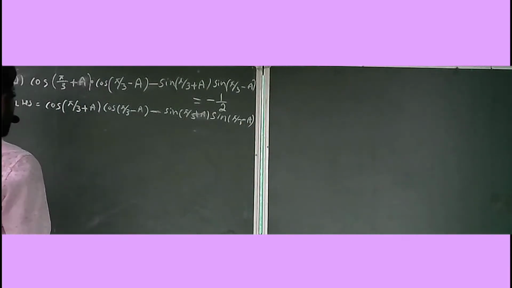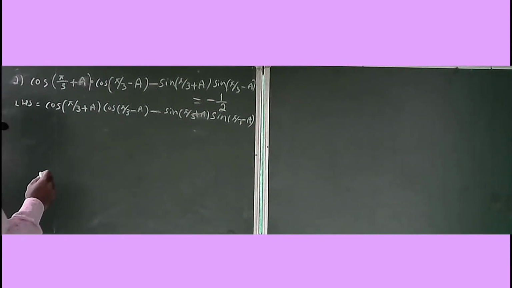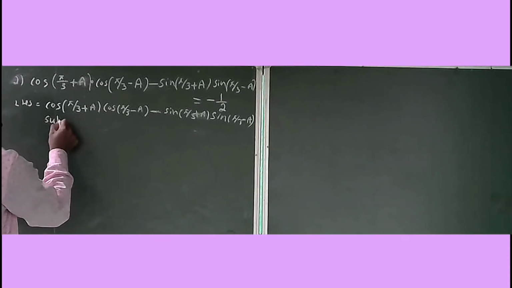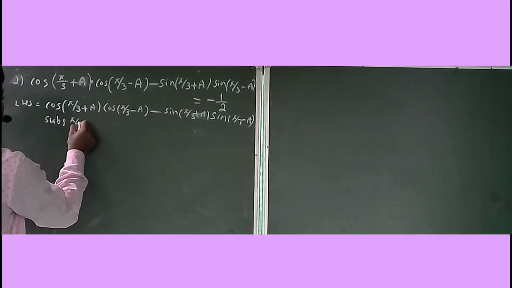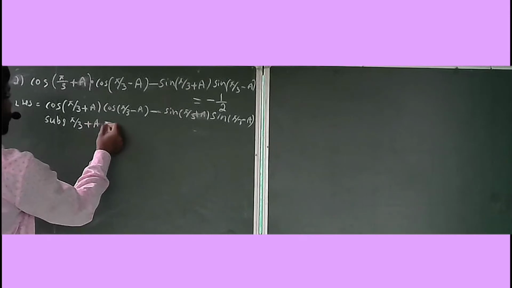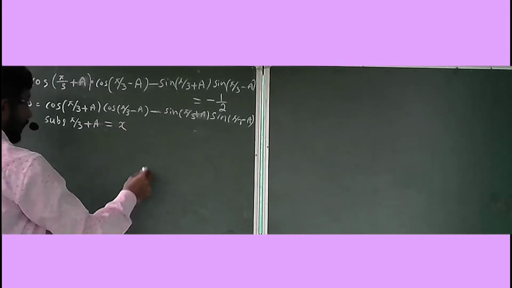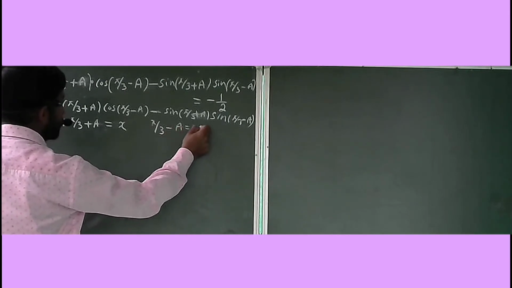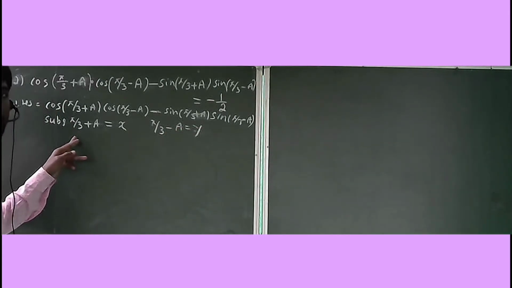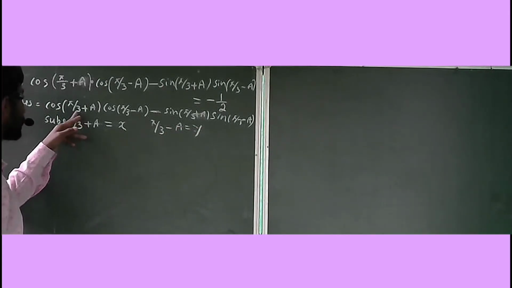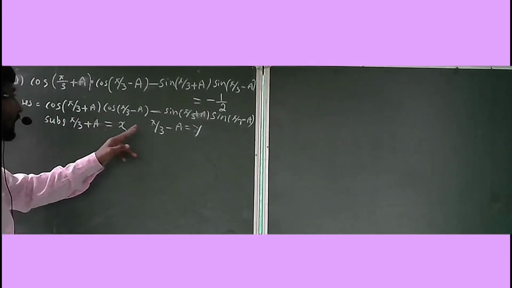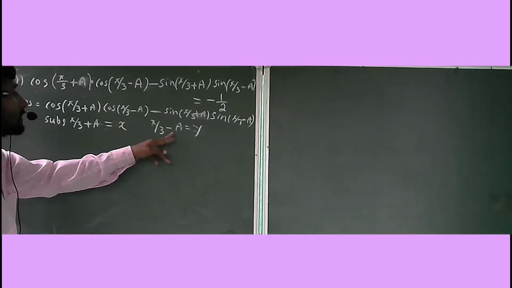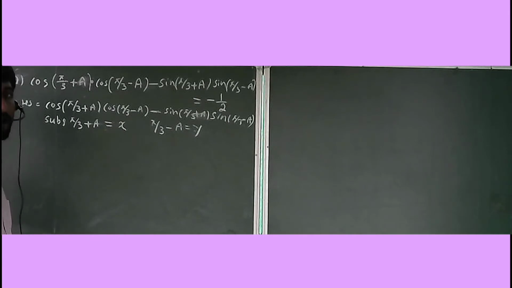In the next step, substitute pi by 3 plus a equal to x and pi by 3 minus a equal to y. In the LHS, pi by 3 plus a, you need to substitute x, and pi by 3 minus a, you need to substitute y.